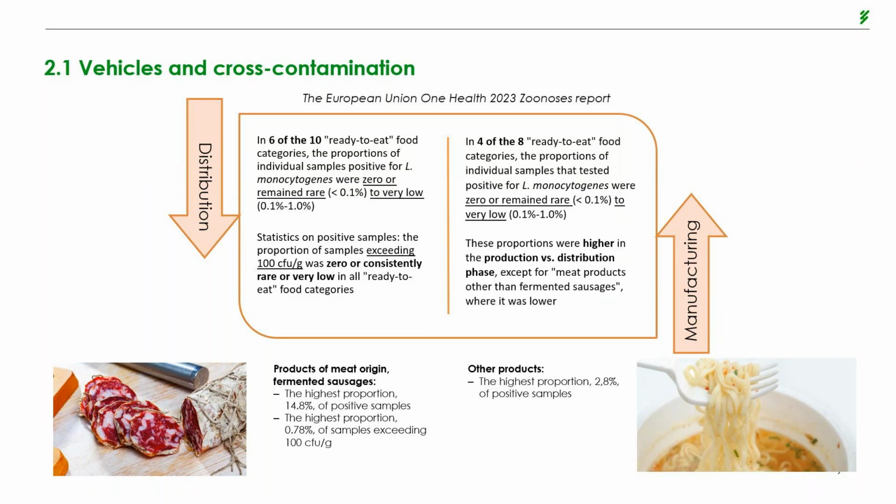This data, of course, indicates that for certain products the controls just appear to not be sufficient, while for others there may be cross-contamination, especially as a result of poor hygiene practices during the storage, the handling, and the preparation of these foods.